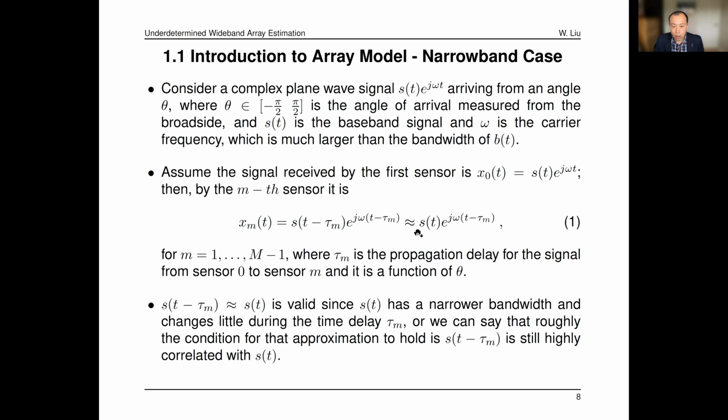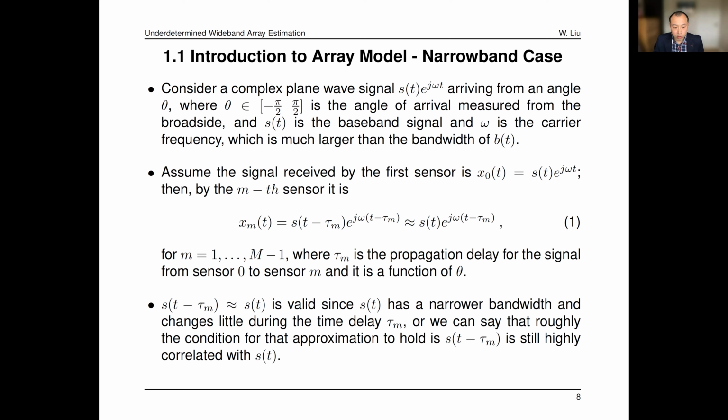This approximation is valid because of the narrowband assumption, because s(t) has a narrow bandwidth and changes little during the time delay tau m. So there's little change to this s(t) within this delay tau m. So the tau m is very short.